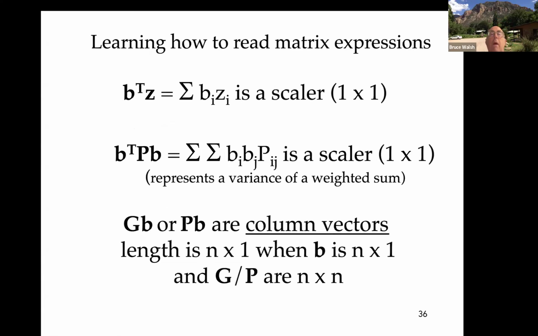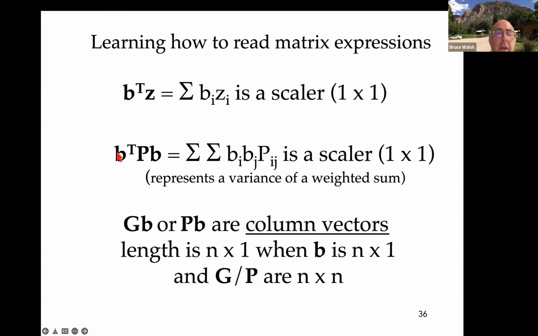So chapter 37 gives you the basic idea. Now, just a couple of quick things to help you read these expressions. If you see B transpose Z, that's a weighted sum. That's a scalar. B transpose PB, that's a scalar. As we saw in the last lecture, that represents the variance of this weighted sum. But now if you see GB or PB, that's a column vector.